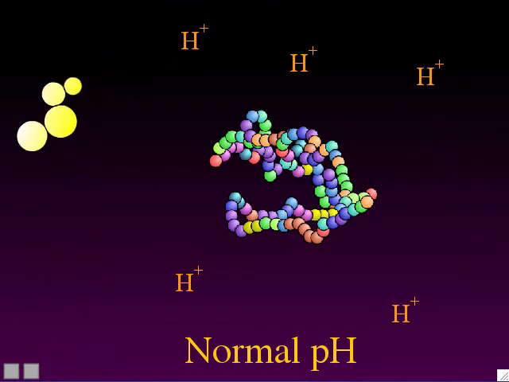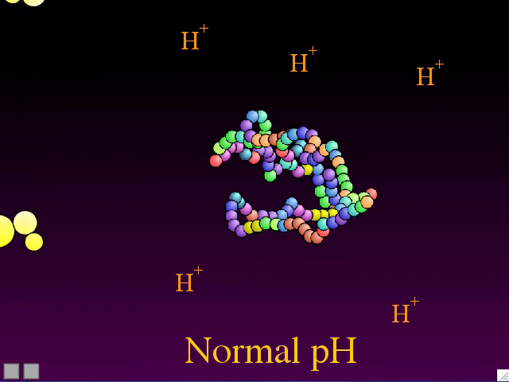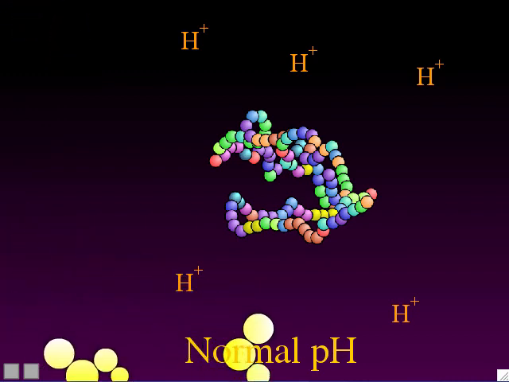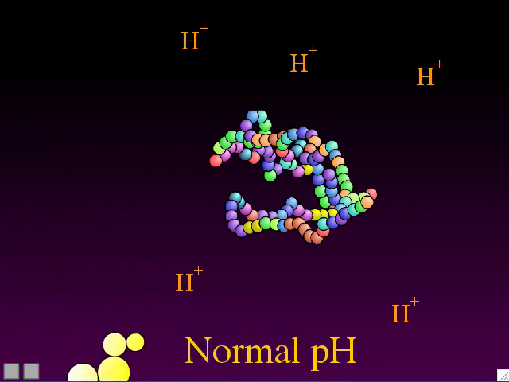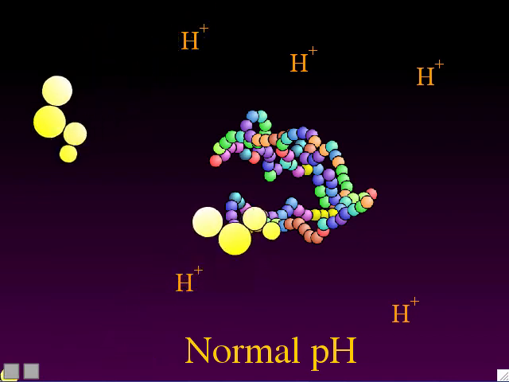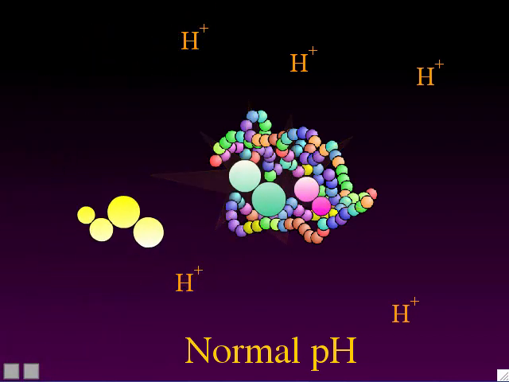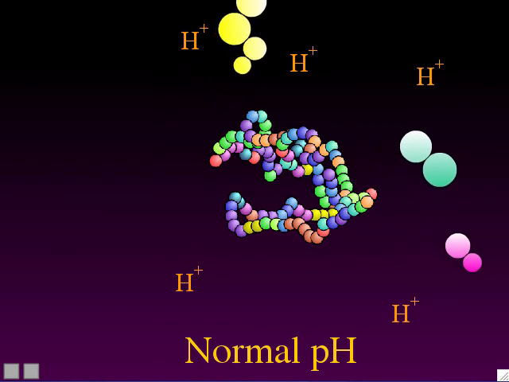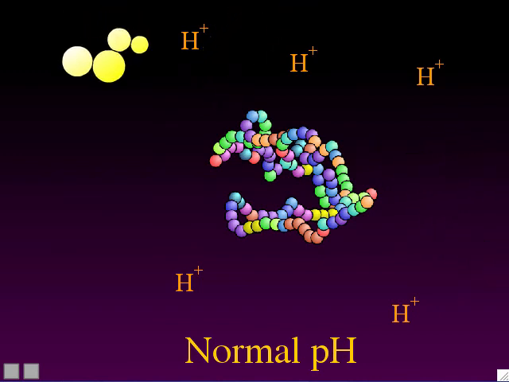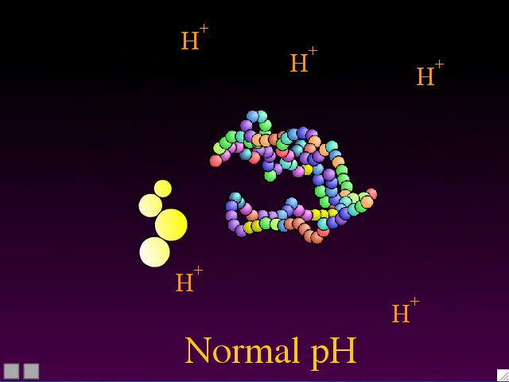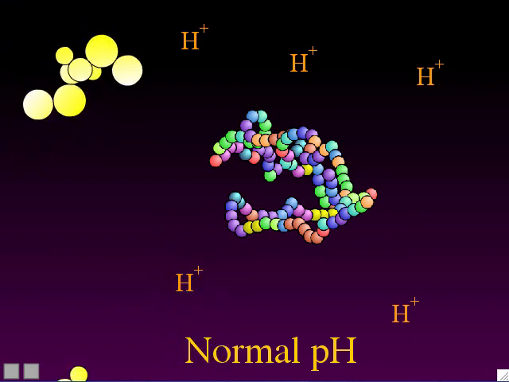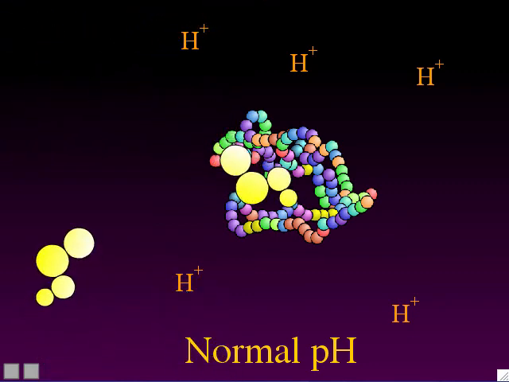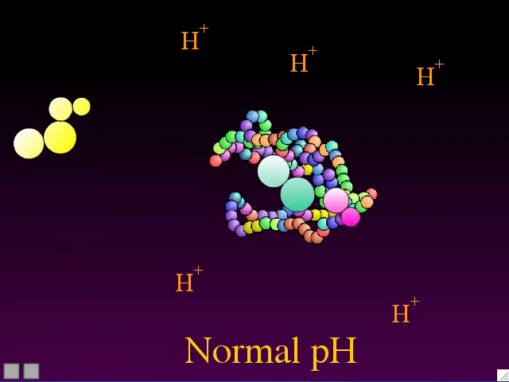Okay, so now let's imagine we're going to change the pH of this enzyme's environment to see how that affects the enzyme's activity. And we're going to put it in a lower pH than the enzyme's normal pH. So, good review question here. When we say that we're going to put this enzyme at a lower pH than its normal pH, will the enzyme have more or fewer hydrogen ions around it at a lower pH?